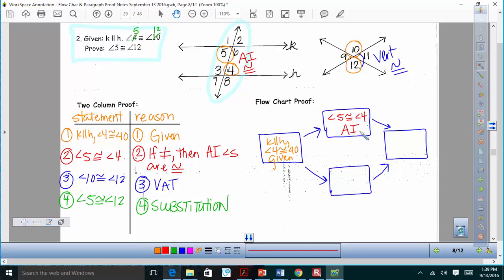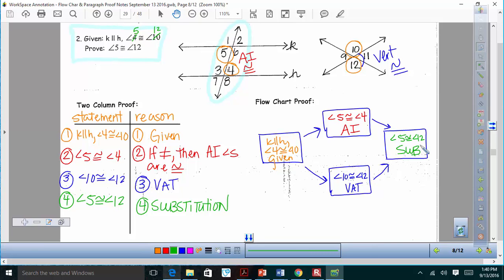I'd put AI. Perfect. Okay, and then this bottom box, Alex, what would I put there? Angle 10 is congruent to angle 12, and how do we know that? And then our last box is our conclusion, our proof. So we'd put angle 5 is congruent to angle 12, and we know that because it's substitution.